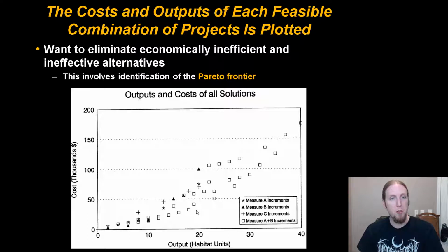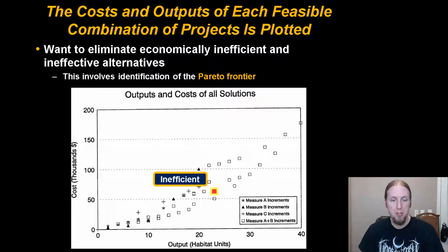What we want to do is try and identify the Pareto frontier that we had mentioned way back at the beginning of the semester when we're thinking about maximizing utility. In this case, we've got a project here that's highlighted, which is inefficient, and we're going to get rid of that.